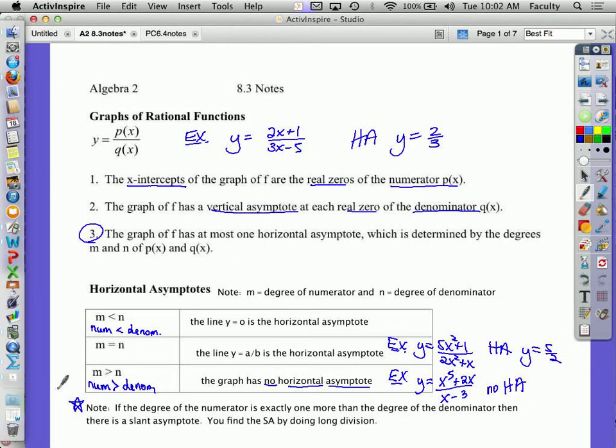If you remember in a previous chapter, we had fun with long division and synthetic division. So we get to incorporate that skill here. All right, everybody have it?